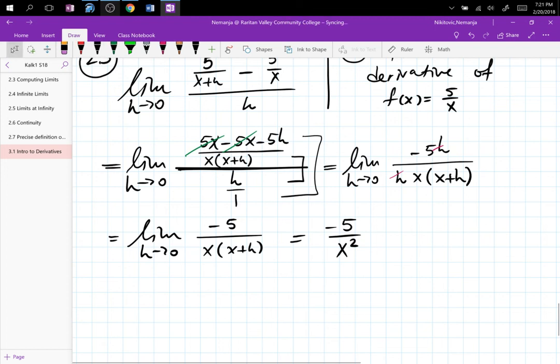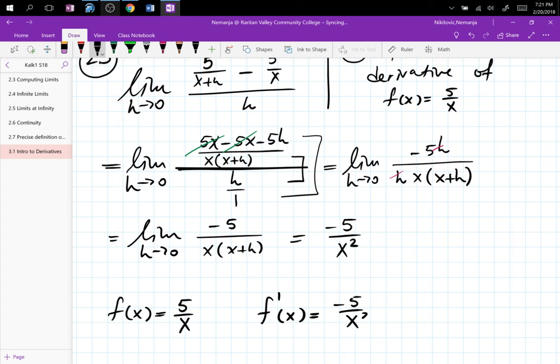So we say for f of x equals 5 over x, the derivative f prime of x is negative 5 over x squared. And we just proved that because we did the entire derivative procedure through the limit, and we got this answer.